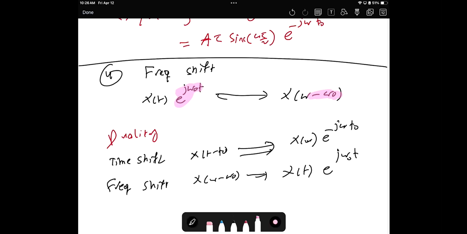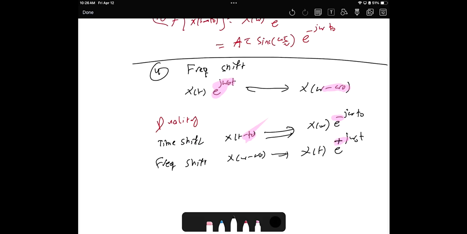So the thing that you can notice is that in time shift, it will be negative, in frequency shift, it will be positive. Okay? Keep this in mind. You don't need to memorize this, but you can get to the formula by looking at the tables.